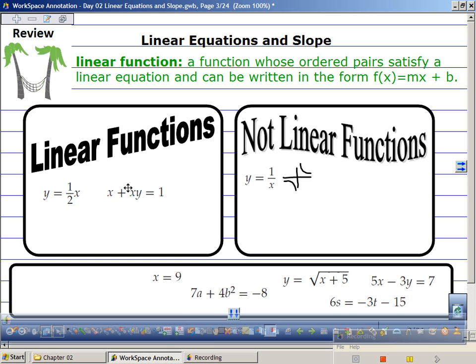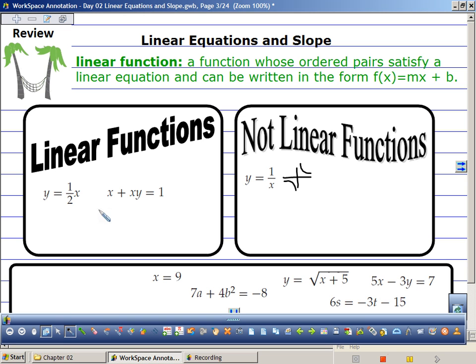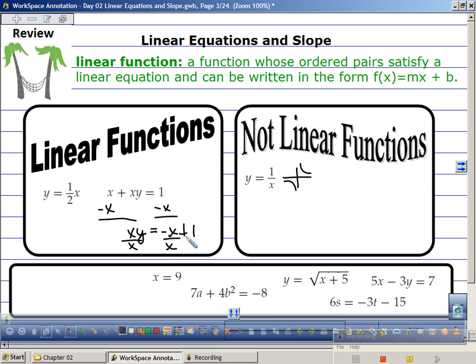Fantastic. All right, so x plus xy equals 1. What about this one? What do you guys think? Do you normally see an x over here and an x attached to y? No. Let's think about this. If I were to put this in slope-intercept form, it'd look something like this. Then I would have to divide by x.